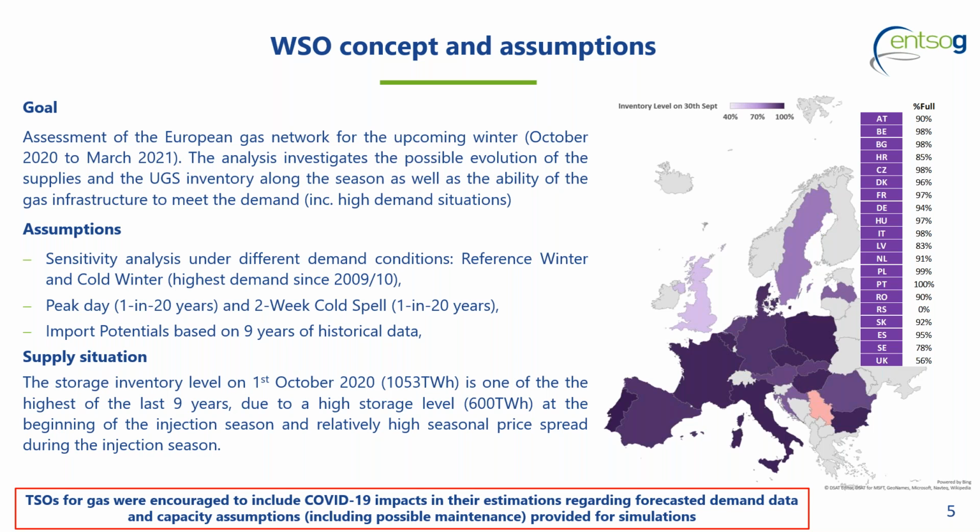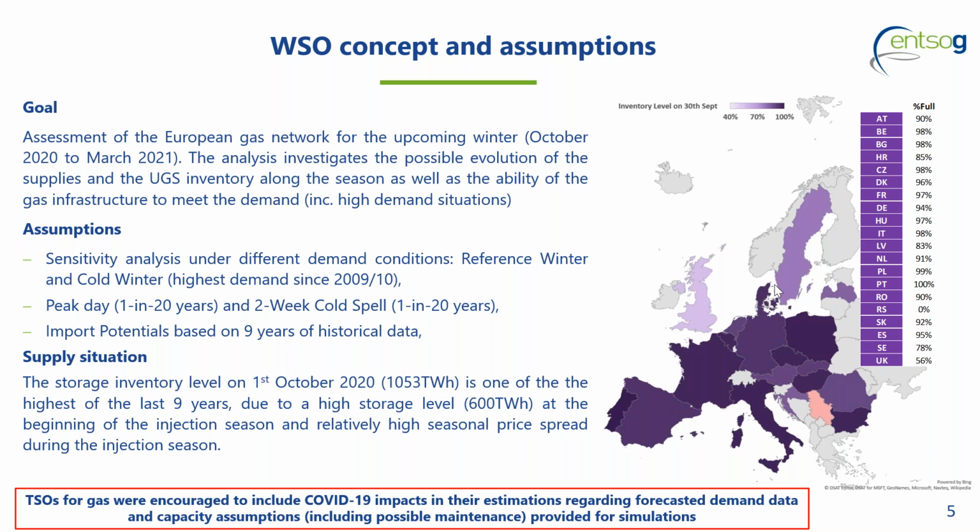A few words of introduction. The winter supply outlook is run every year by ENTSO-G to assess the network under the assumptions from the TSOs for the next winter period.